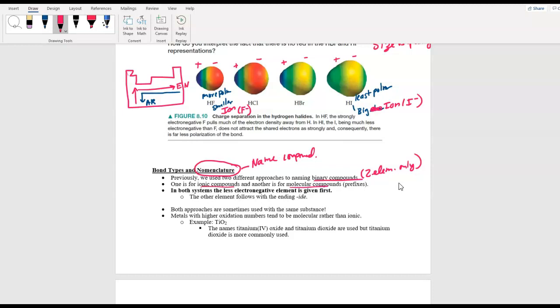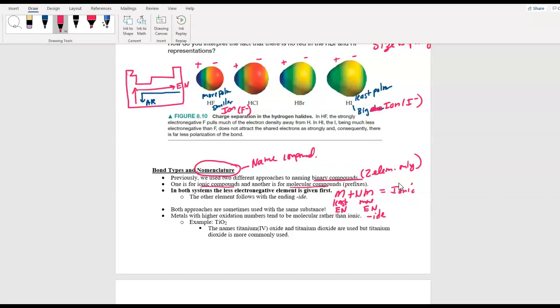In both systems, the less electronegative is given first, and the other one, the nonmetal, has the ending -ide. So anytime it's a nonmetal and metal for ionic, the least electronegative is the metal, and the more electronegative is the nonmetal, and then we just change that ending to -ide.